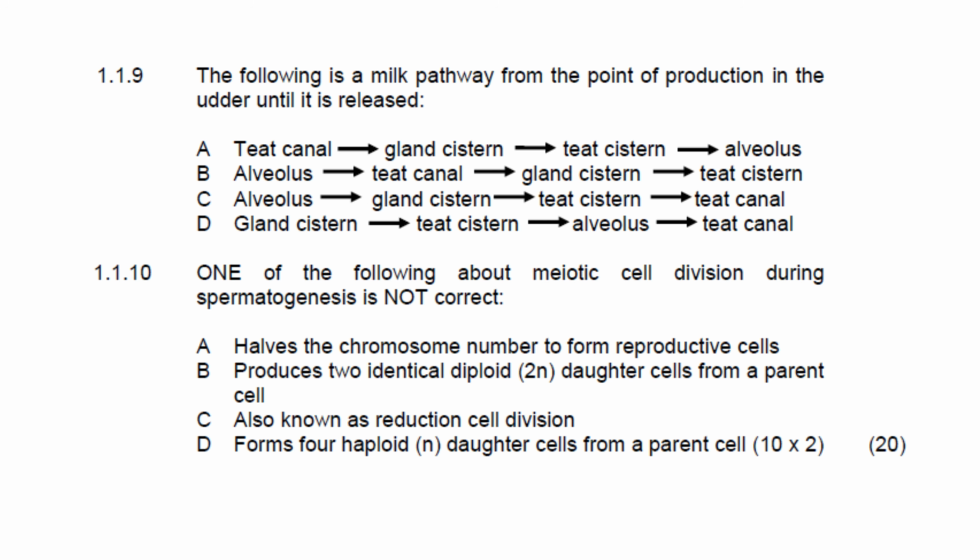And then it exits through the teat canal. So the correct answer there is C. It's produced in the alveoli, stored in the gland cistern, passes through the teat cistern and then exits through the teat canal. So C is your correct answer there.